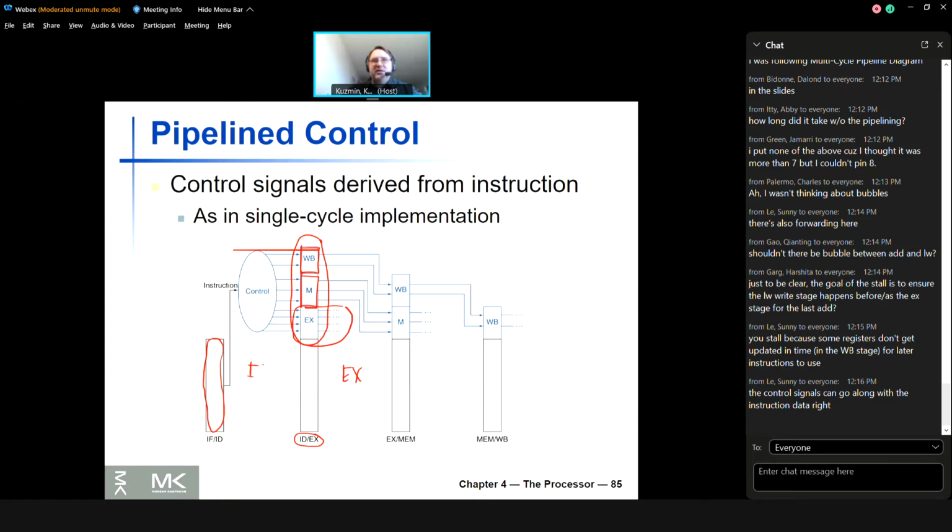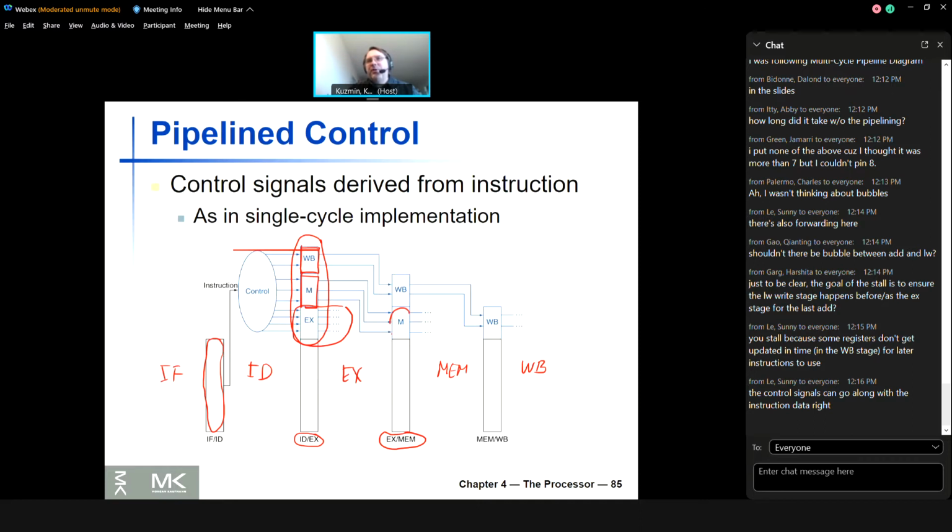Of course, this is the execution stage, this was the ID stage, this is the IF stage, this is the MEM stage, and this is the write back stage. Once we are done with the EX stage, we no longer need to keep the control signals that are needed for the EX stage. We are done with it. That's why we only pass along to the next register, EX MEM, the signals that are needed for the following stages.